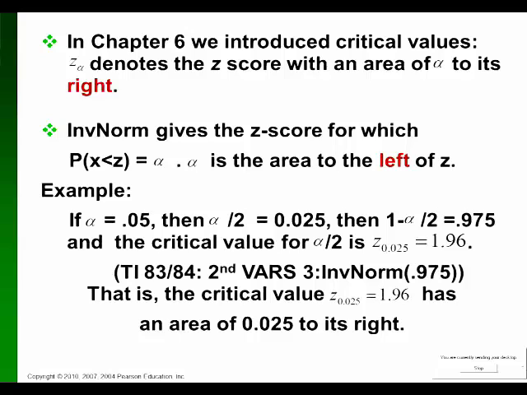For example, if alpha is 0.05, to find the z-score that has a probability of 0.05 to the right, you have to punch on the calculator inverse norm 0.95 instead of 0.05.